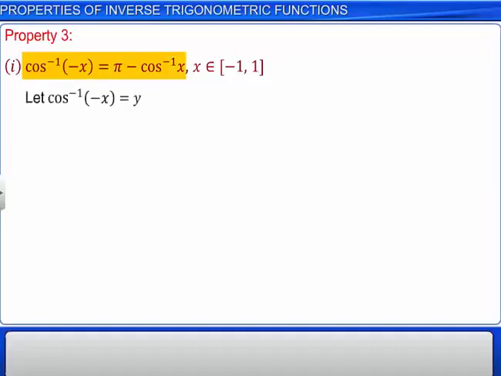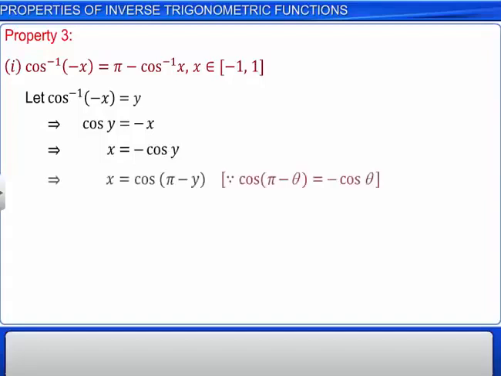Let us assume cos inverse of minus x is equal to y. This implies cos y is equal to minus x, or x is equal to minus cos y. Further, minus cos y can be written as cos of pi minus y, since cos of pi minus theta is equal to minus cos theta.